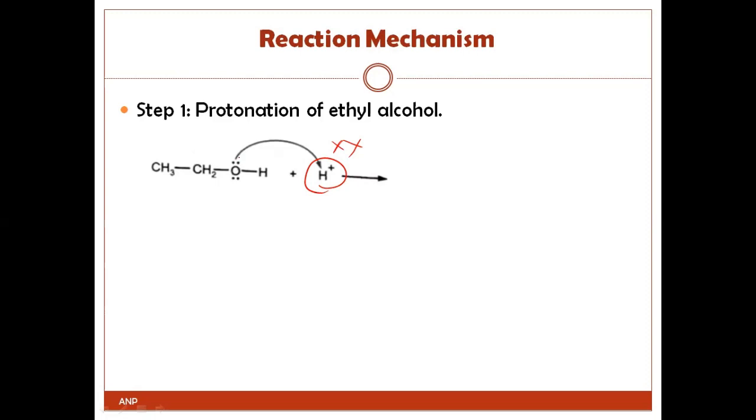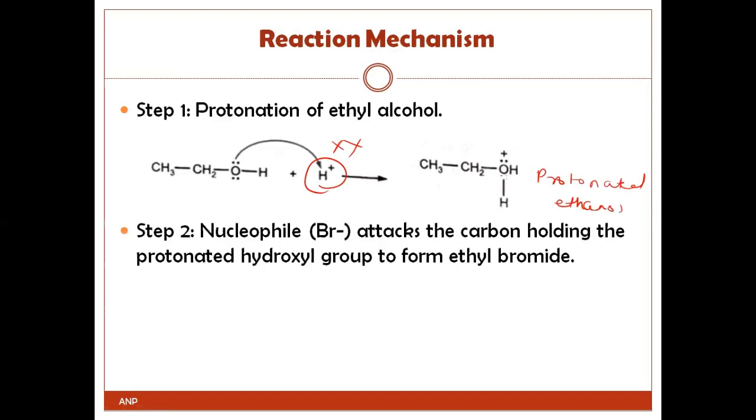After protonation of the alcohol, we get a new product, that is protonated alcohol or protonated ethanol. In step 2, the nucleophile bromide attacks the carbon holding the protonated hydroxyl group to form ethyl bromide, and the byproduct is water.